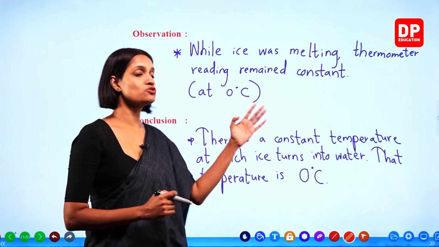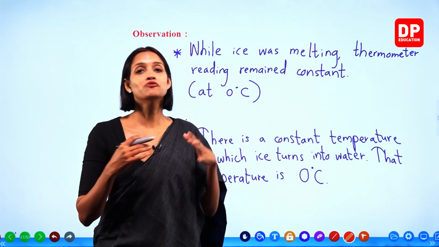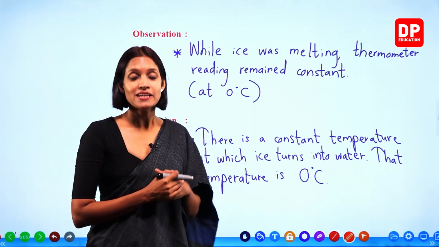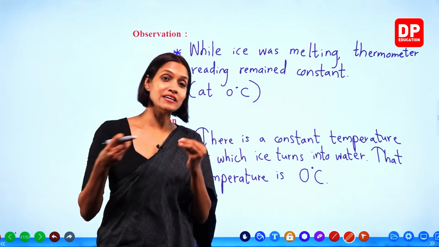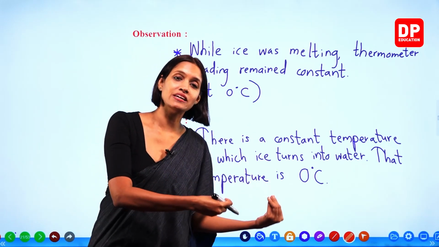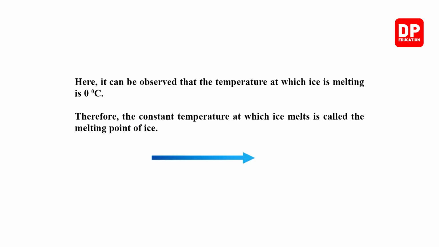Ice changes into water means change of states take place. Ice is solid, water is liquid. Change of states take place, right, children? Ice is melting means solid is turning into liquid. So here it can be observed that the temperature at which ice is melting is 0 degrees Celsius.